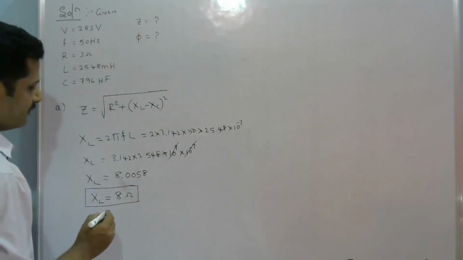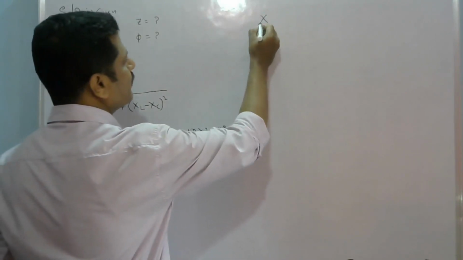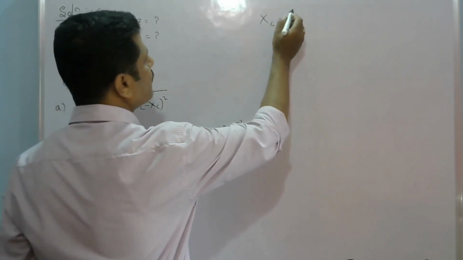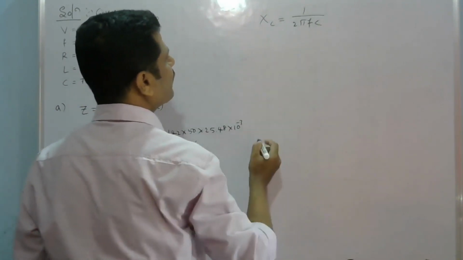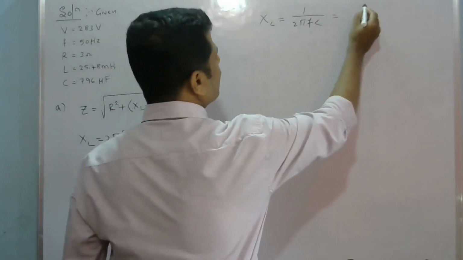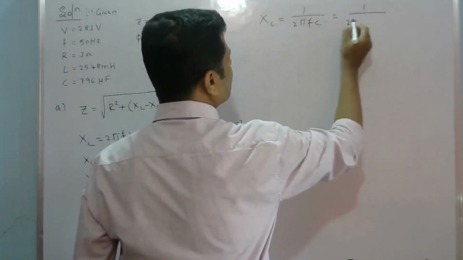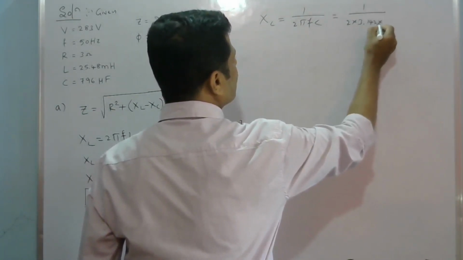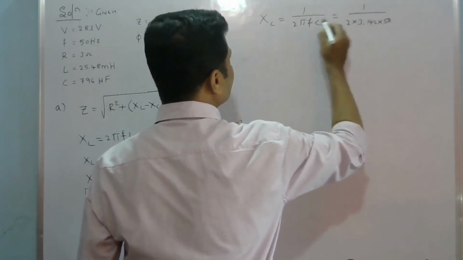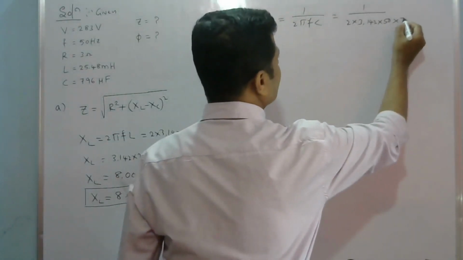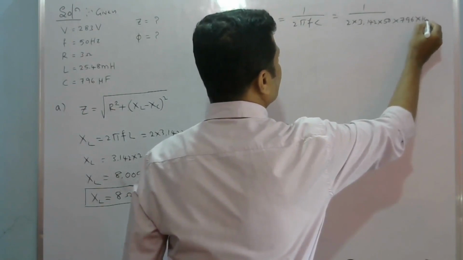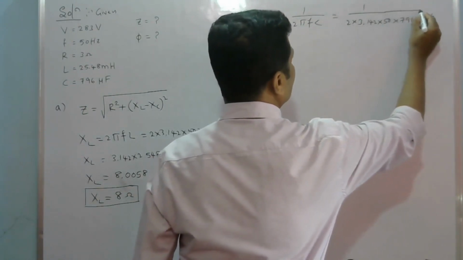Now let me find out XC. We know that XC equals 1 divided by 2 pi F C. Substituting the values, that is 1 divided by 2 into 3.142 into the frequency, which is 50, and the capacitance, which is 796 into 10 to the power minus 6, micro.